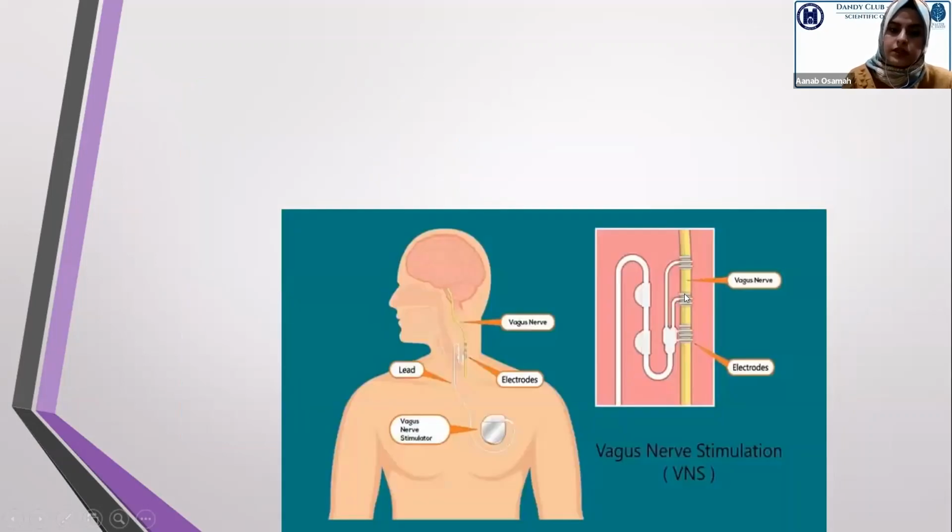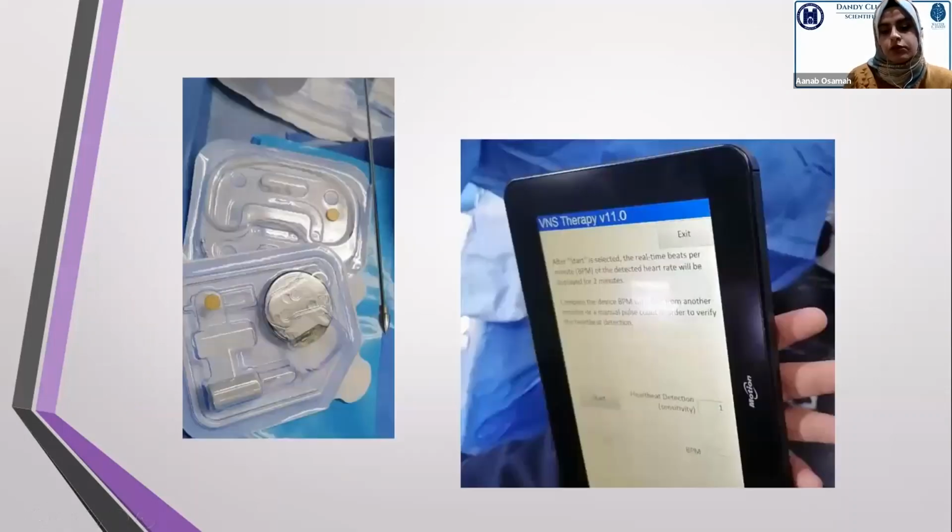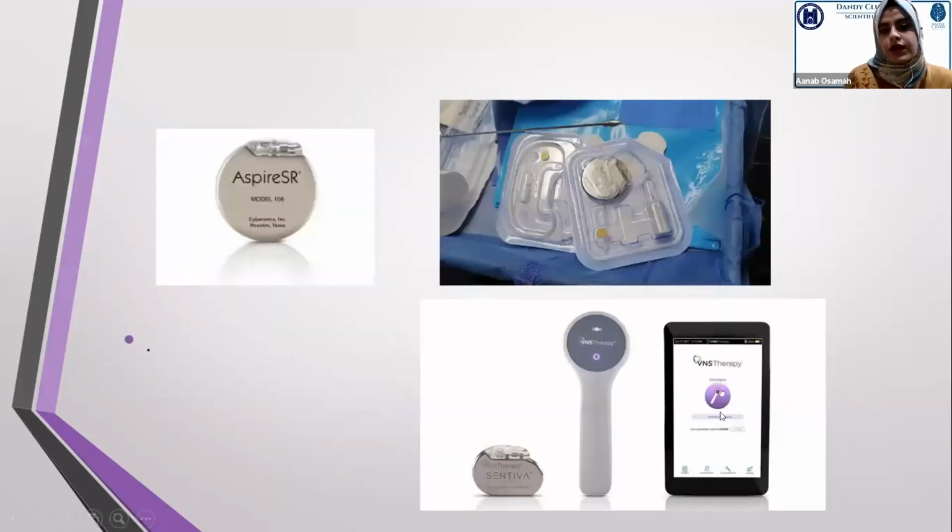We place the coils around the vagus nerve and then make the connection with the generator. Again, we make an incision on the left side of the chest above the breast, the generator is placed under the skin, and the second incision is on the left side of the neck. The stimulator's electrode wire is wound around the vagus nerve and then tunneled under the skin to attach to the generator.